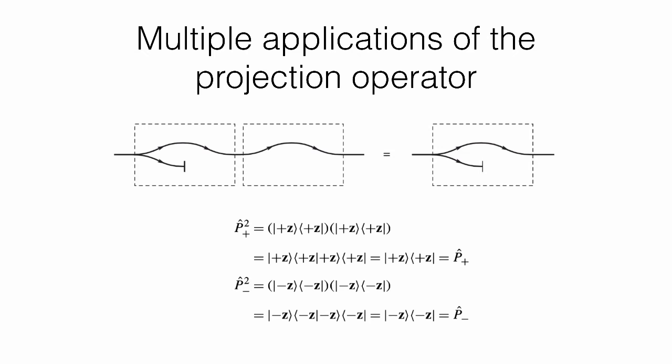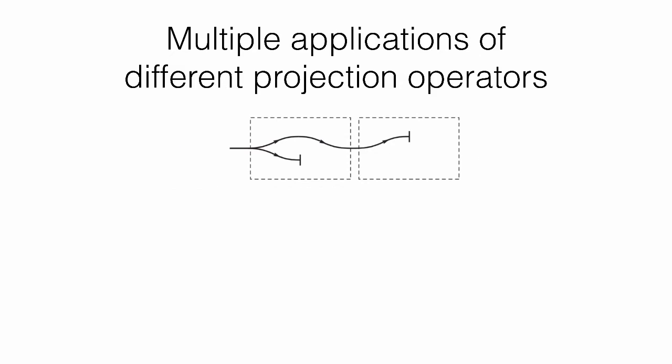So it's like a reduction; we can reduce the expression and make it very simple. And we see that applying the P plus or the P minus projection multiple times is equivalent to applying it once, which again is not surprising. Once you have projected a state along a certain direction, if you keep projecting on the same direction, obviously you get the same answer. That's not really a surprise, but using this Dirac notation, we find that pretty nicely.